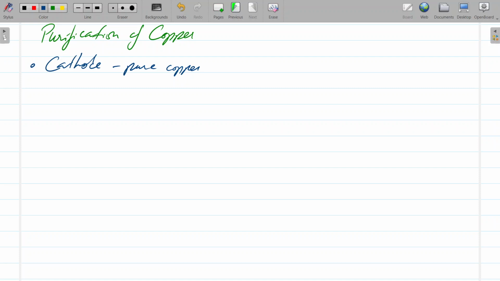That's given in the text, so I'm not going to focus on that. The anode is made of impure copper, so it's got impurities, but it has copper. And so what you want to do is separate the copper from the impurities.